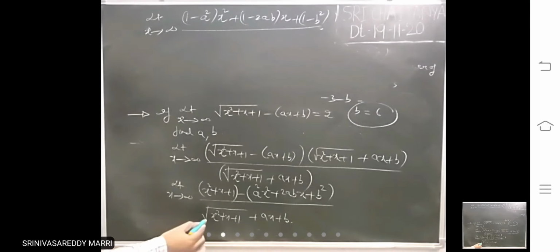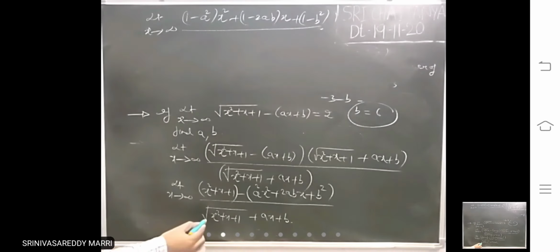Second case, a equal to minus 1. If you calculate this value, 1 plus 2b divided by 0, the limit will become infinite.